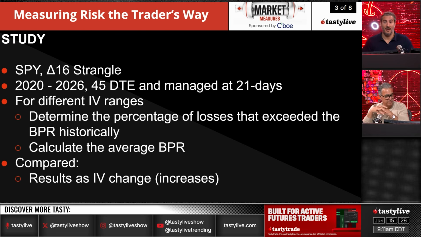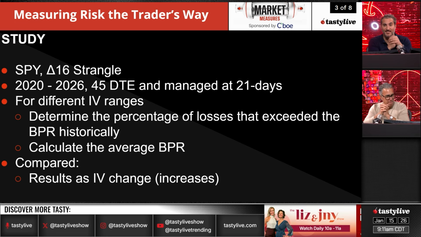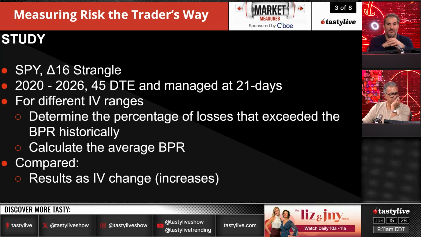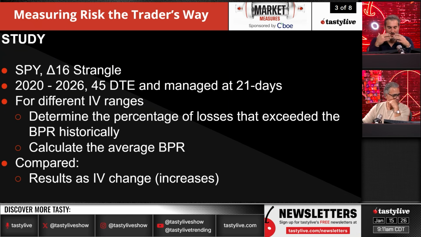The study we're going to look at is 16 delta strangles in SPY, from 2020 to present. We're doing 45 days to expiration and managing at 21 days. For different IV ranges, we're determining the percentage of losses that exceeded the buying power, and then calculating the average buying power across the implied volatility regimes.